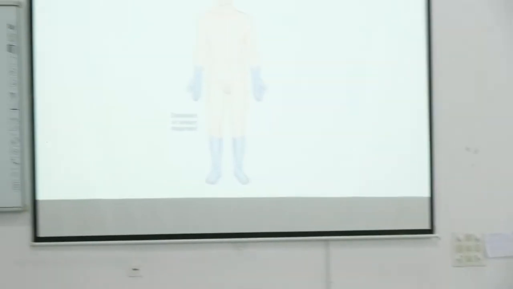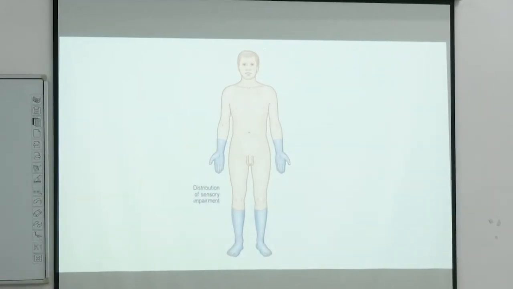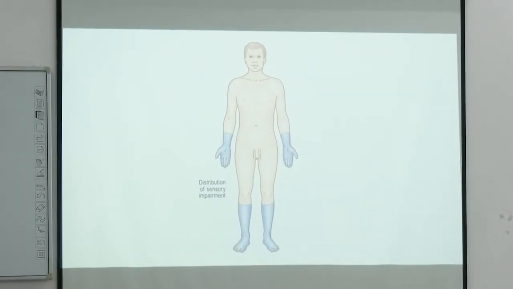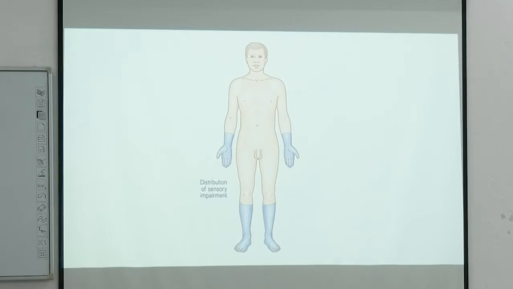So the blue area shows the distribution of sensory impairment. This most frequently happens in a case of small fiber neuropathy, right?